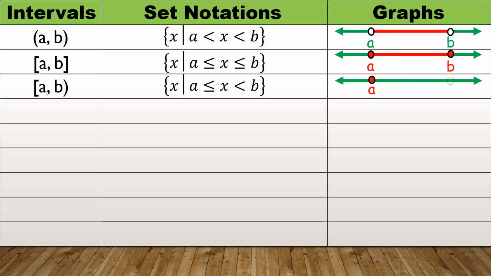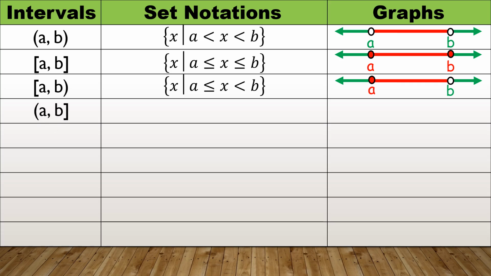Kasama siya. But B is graphed with a hollow circle, ibig sabihin, hindi siya kasama. And our shaded part is in between A and B, included si A.